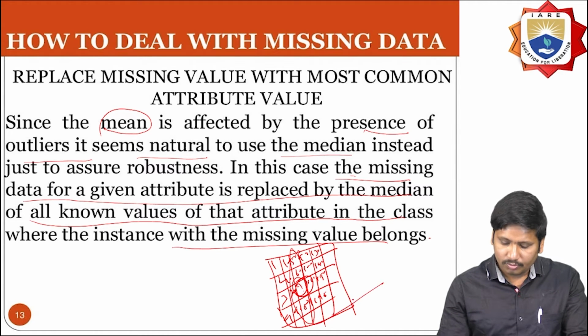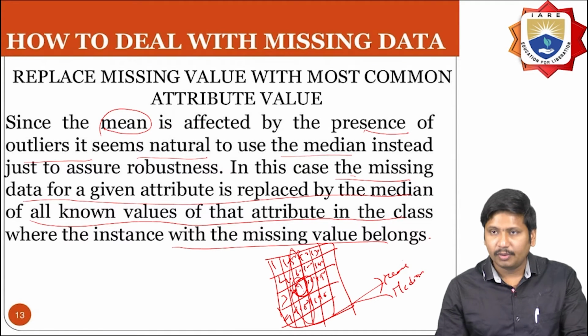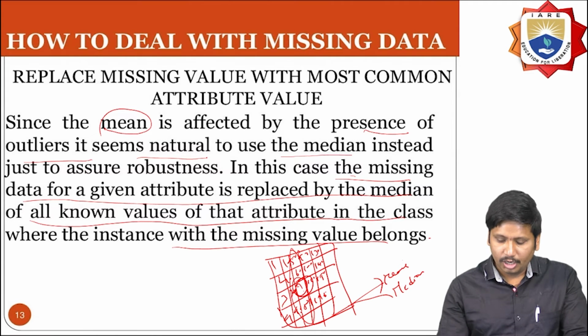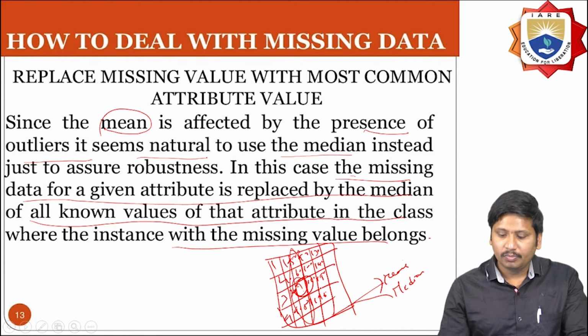Instead of this mean value, another option is the median. So I can calculate the median of these values, and then fill that missing value with the median value. So this is the method followed here, along with the most common attribute value.